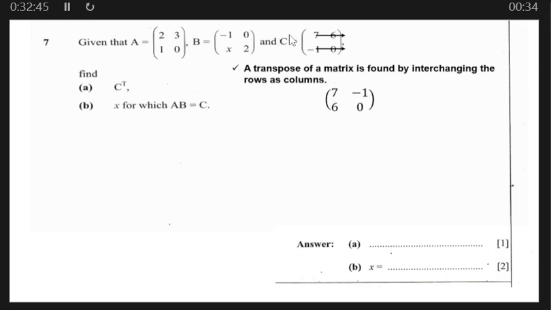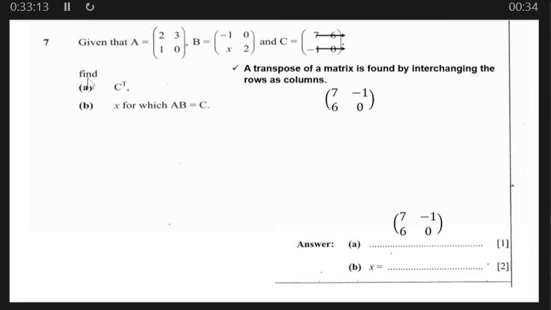So the first row becomes the first column, the first number followed by the second number. Then the second row becomes the second column, the first number first, the second number second. So this is our answer, the transpose of matrix C.